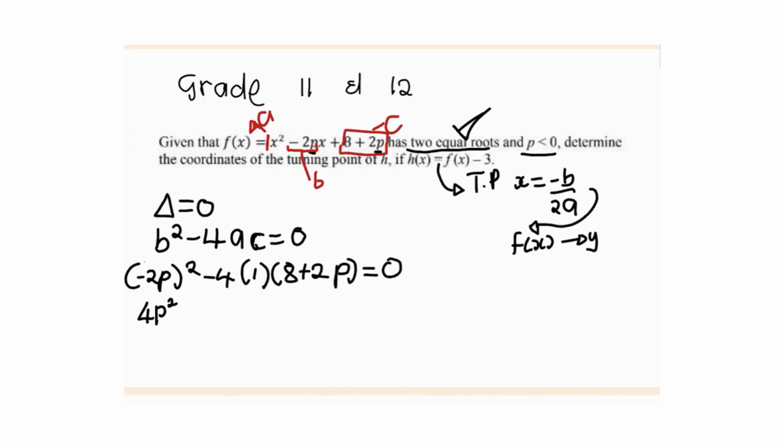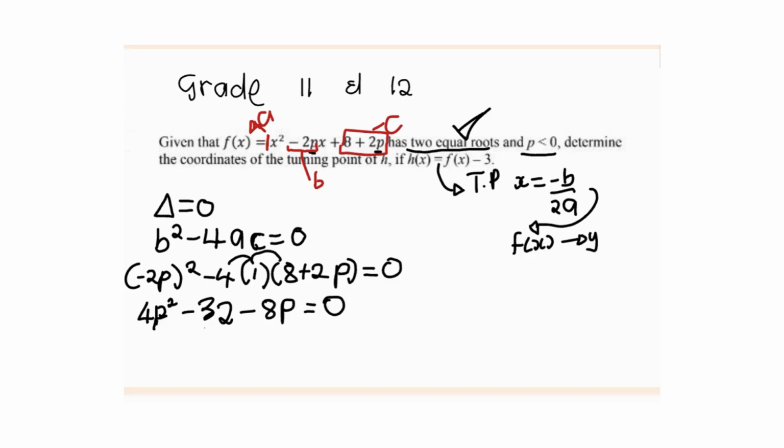Remember guys, when you substitute, you must put it in a bracket before you give it an exponent of 2. So we have positive 4p squared, negative 4 times 1 times 8, what is 4 times 8? It's going to be negative 32. Negative 4 times 1 is negative 4, and negative 4 times positive 2p is negative 8p, equals 0.